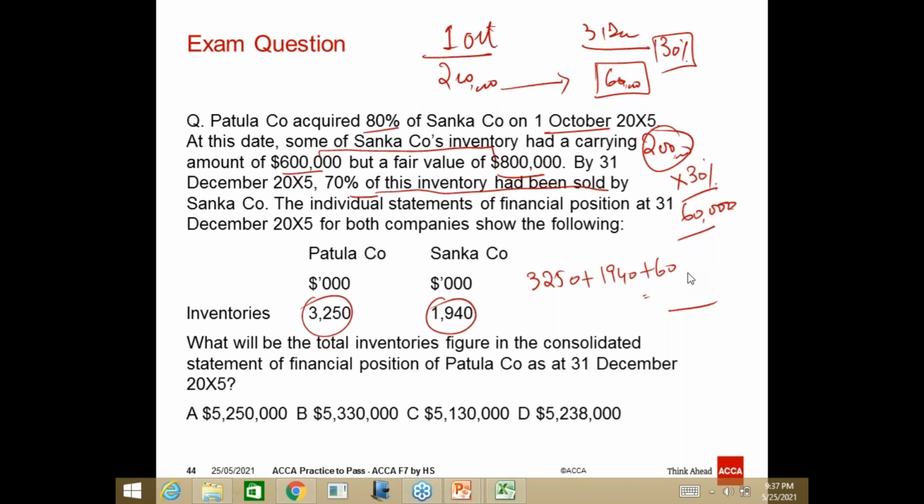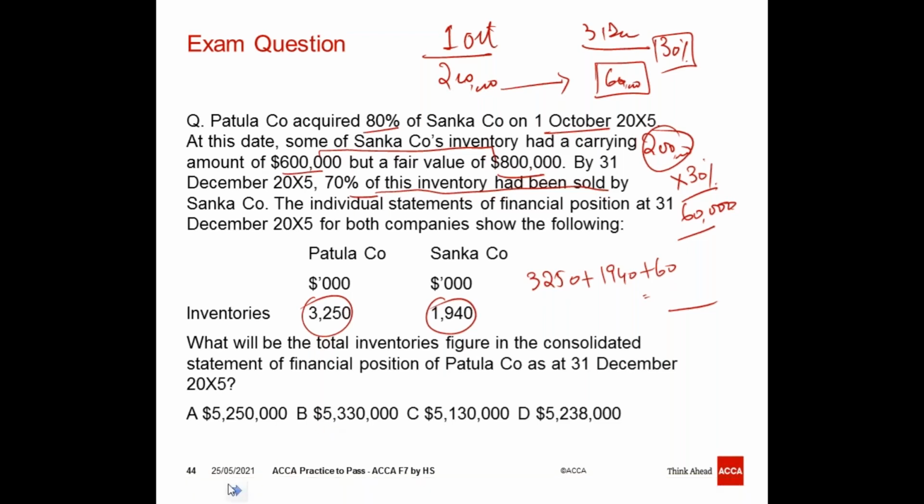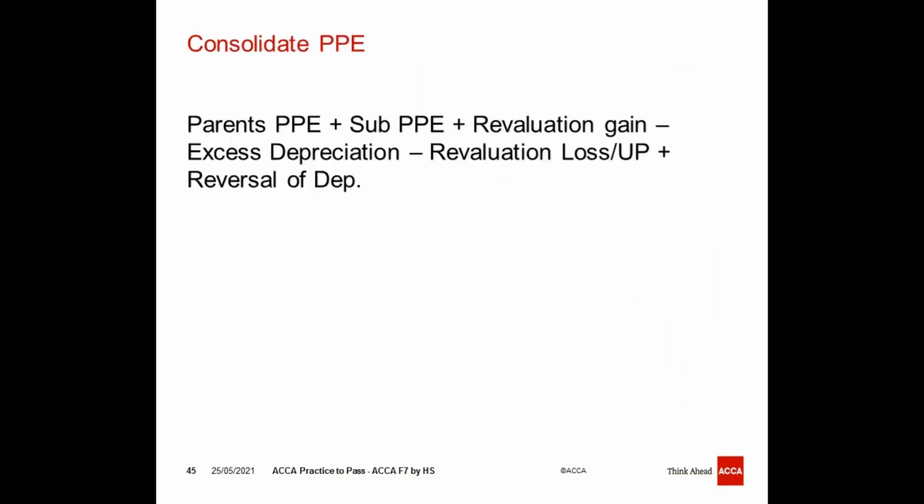Yes, if the inventory was sold by the subsidiary company, then you need to add 200,000 directly. Is it clear to all of you?